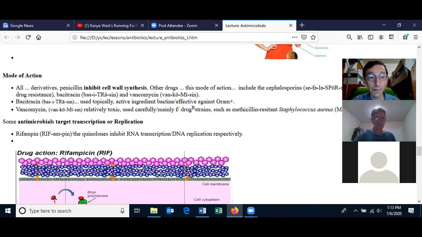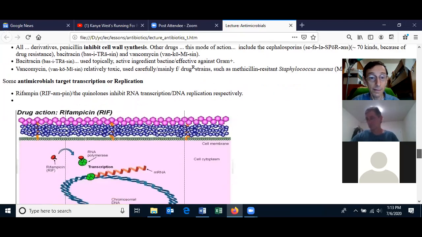All right, so that's the first mode of action we talked about, drugs that inhibit the cell wall. Another mode of action for antibiotics is where the antimicrobial targets RNA transcription or DNA replication. The only antibiotics I'm briefly going to talk about are rifampin, which inhibits RNA transcription, and the quinolones and DNA nucleotides, which stop DNA replication.